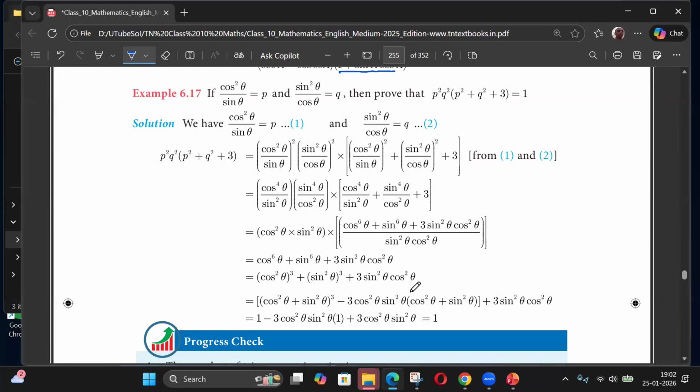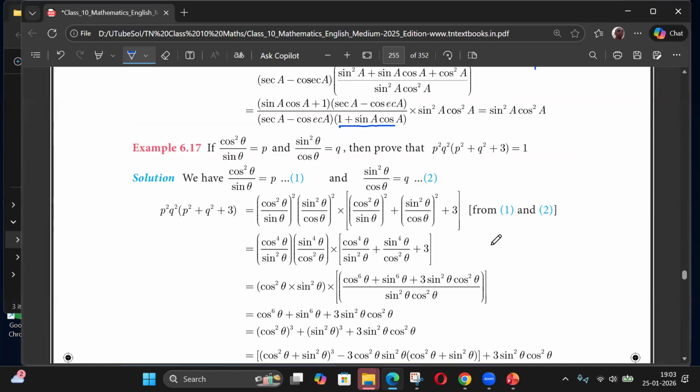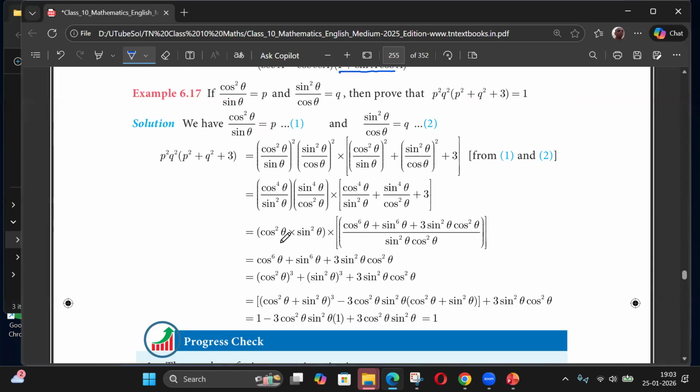Okay, sir. So here it's of the form a cube, b cube, and 3ab. This one is a cube plus b cube.